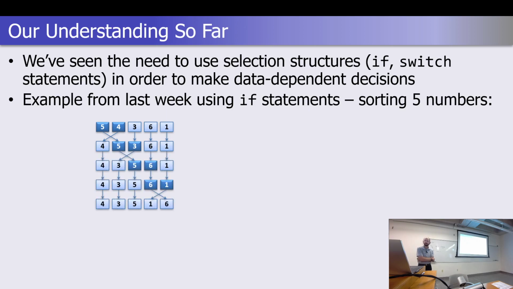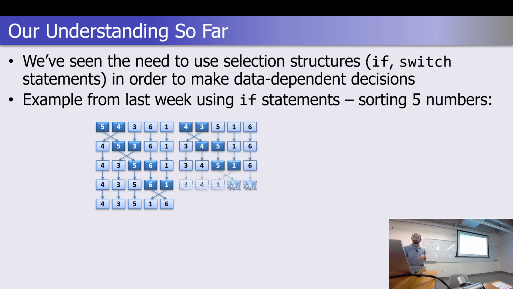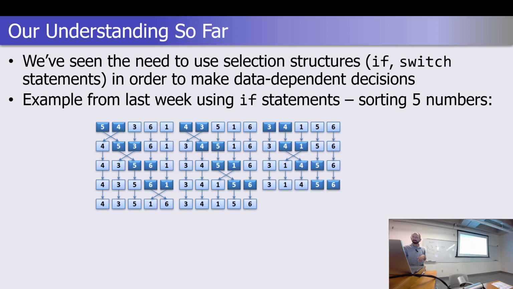I didn't show this illustration last week, but this is basically what we did with var1, var2, var3, var4, var5, working our way through those 5 variables and swapping them, swapping 1 versus 2, 2 versus 3, 3 versus 4, 4 versus 5, and then doing it several times to get our array sorted. Why I didn't bring up this visualization last week, I don't know, but here it is now.